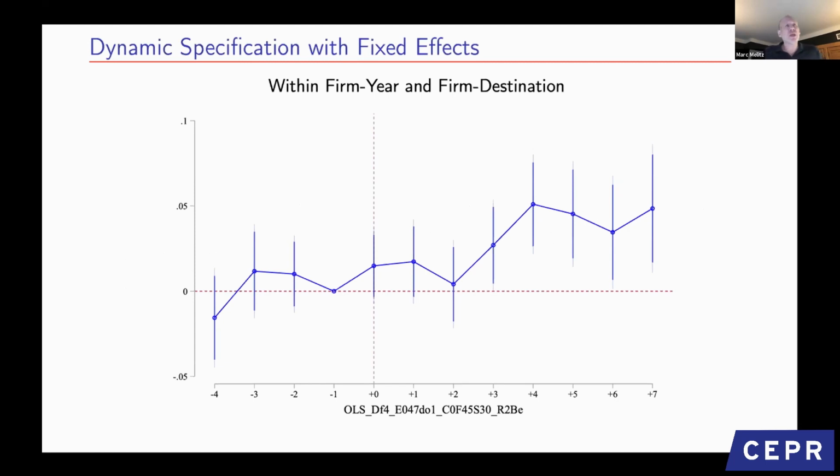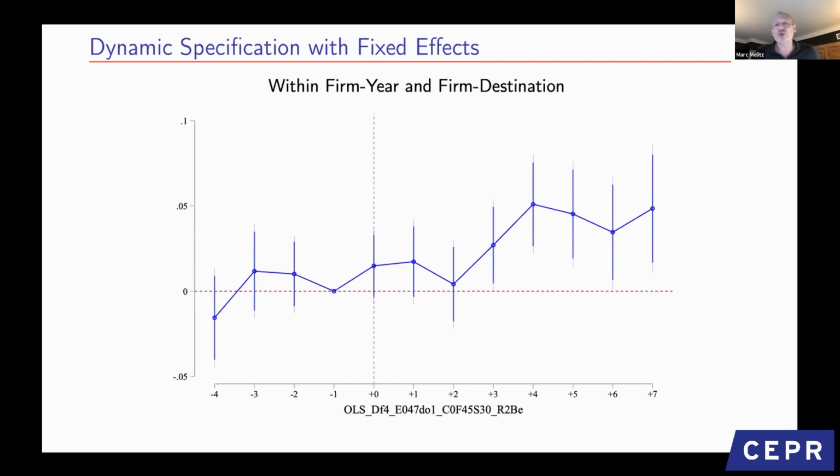The major thing that we can't control for, of course, is anything that is varying over time at the firm destination level. So these are firm year fixed effects with the firm destination link being fixed in time.